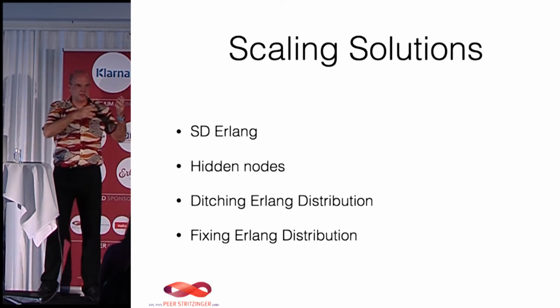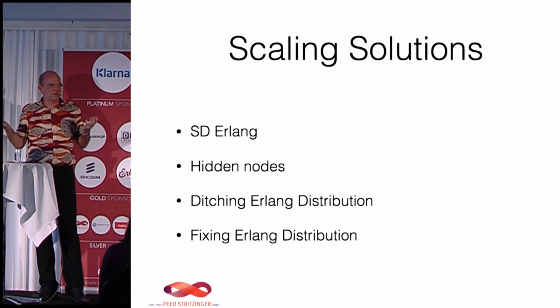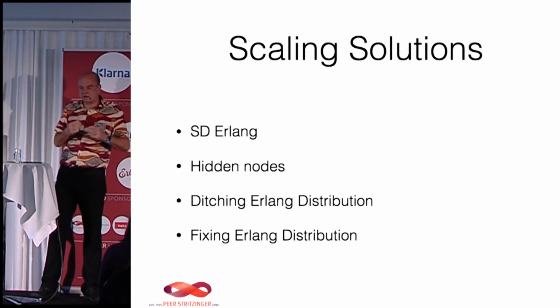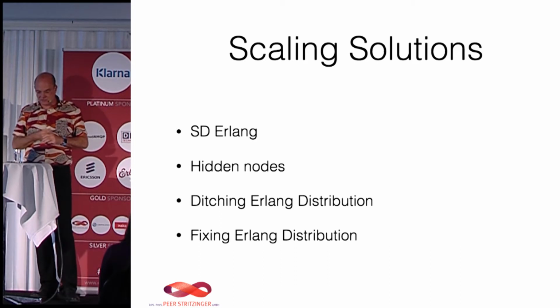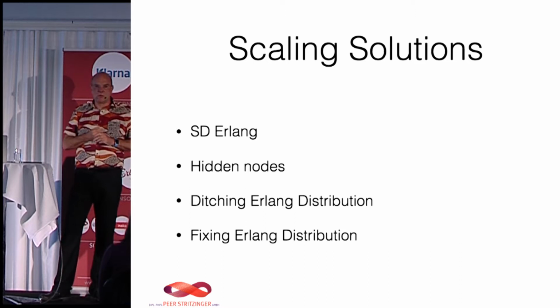You need to serialize your terms, you implement protocols, it's all extra stuff. The distribution always comes with the Erlang VM, so why not use it when you are constrained? And that's why we come to the last point: why not actually fix the problems in the Erlang distribution?